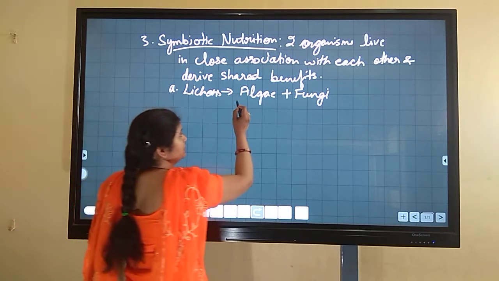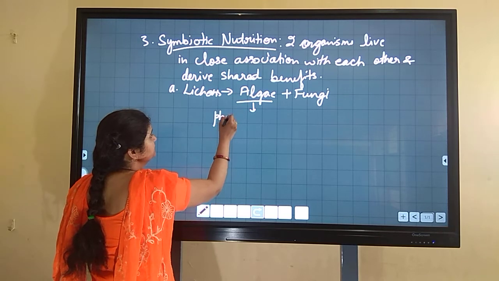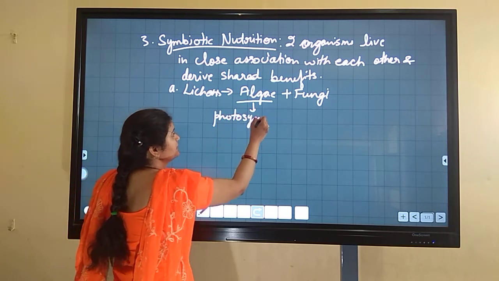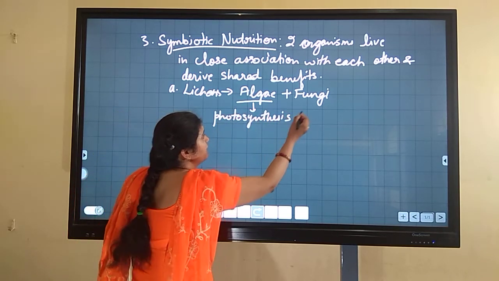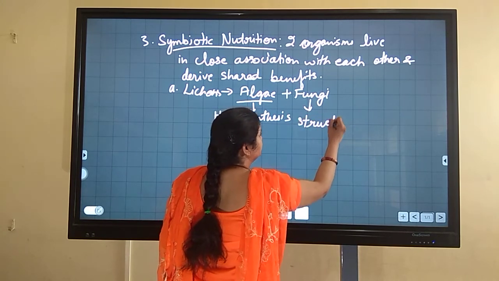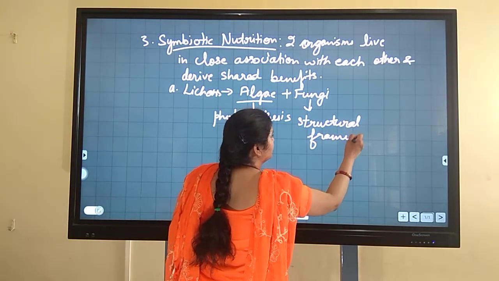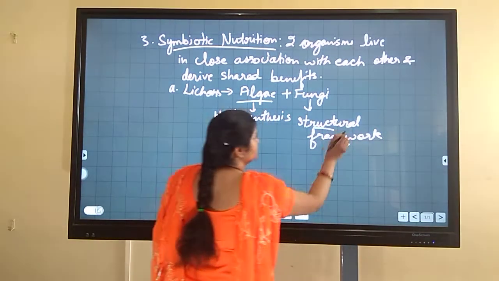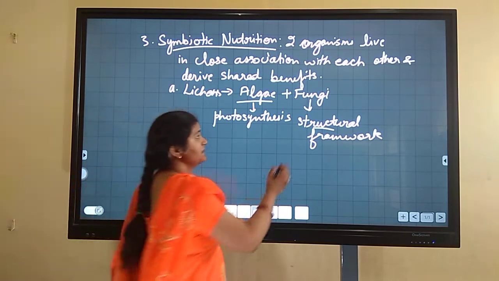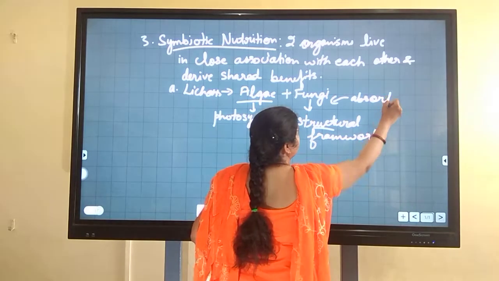In this, the algae partner will do photosynthesis, will do autotrophic nutrition and prepare its food, and fungi will provide structural framework. Along with providing the structure or support, the fungi will also help in absorption of minerals.